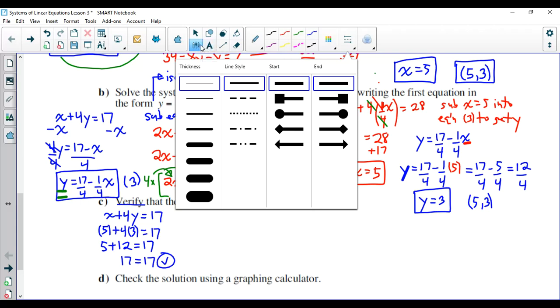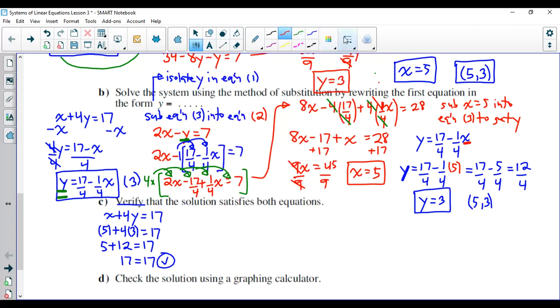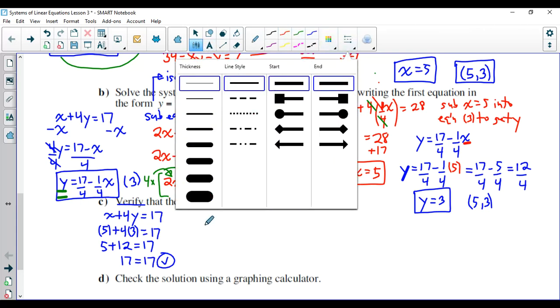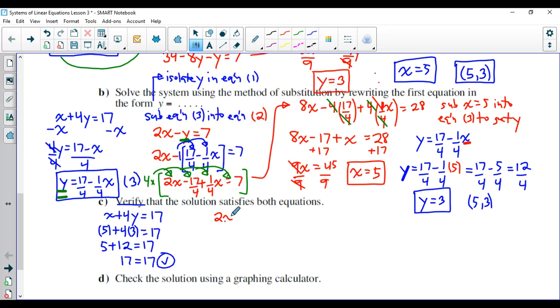Okay, let's do this with equation number 2. So equation 2 was 2x minus y is equal to 7. Again, we're just going to sub in the values of x and y and see if both sides balance.